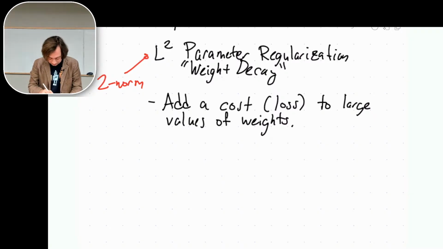So the idea is that you have your cost, J, and it has maybe all your weights in there.